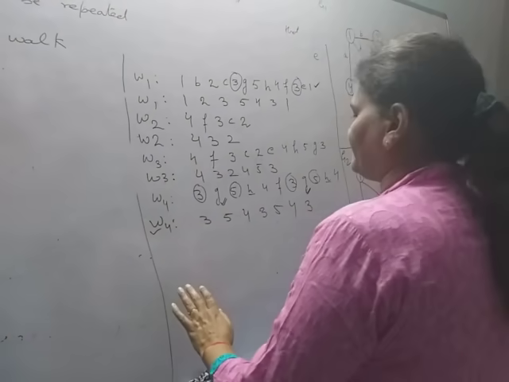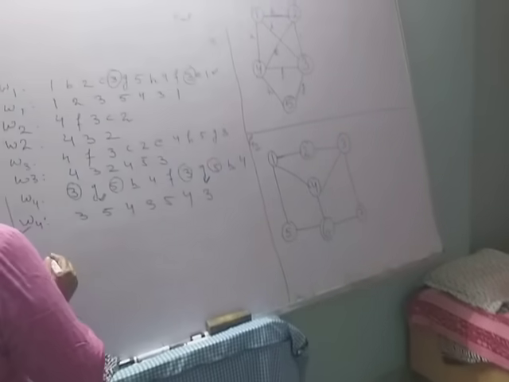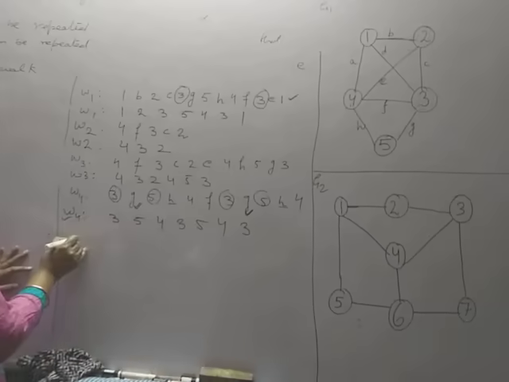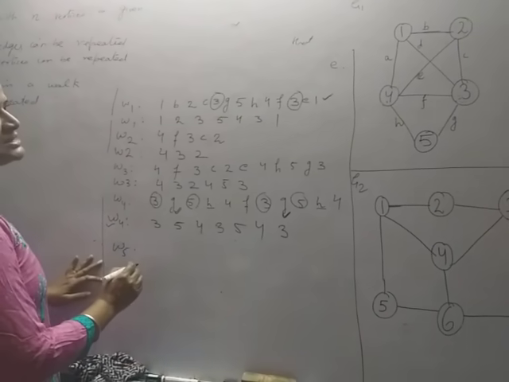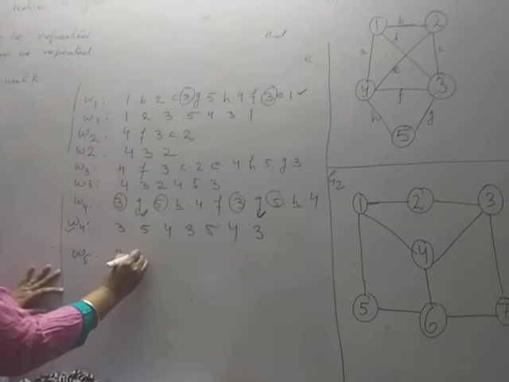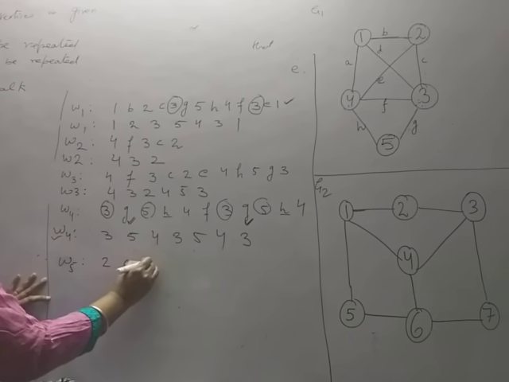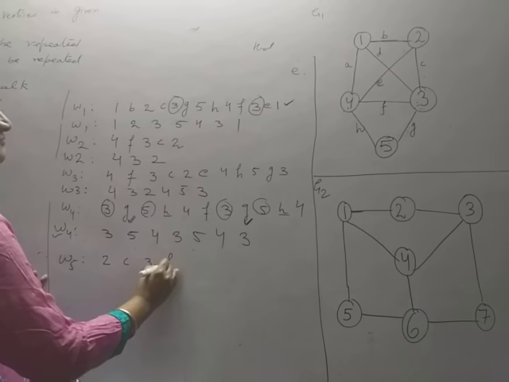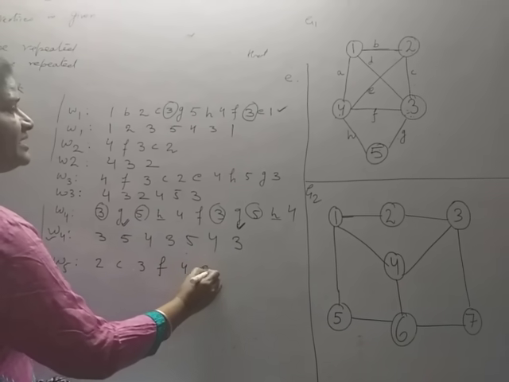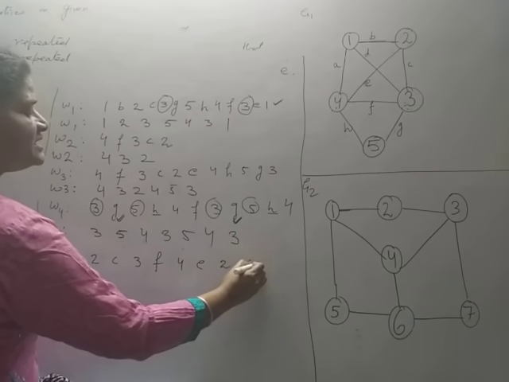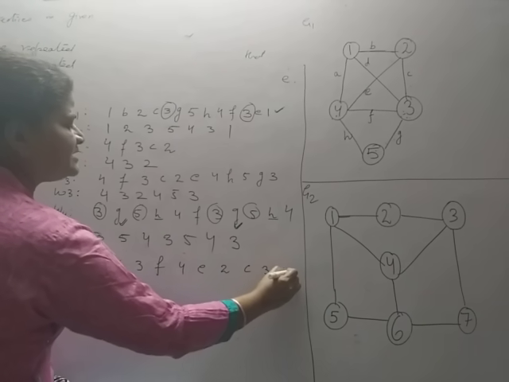Another example of a walk that is not a trail, suppose W5. If you write W5 in this way, say 2 C 3 F 4 E 2 C 3 G 5.